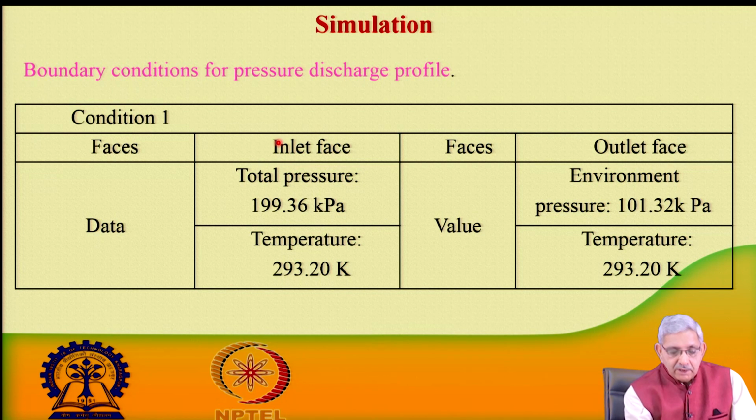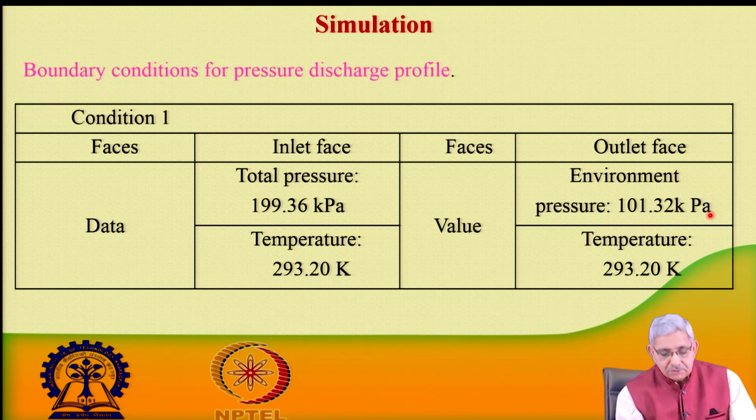At the inlet end of the dripper, that is the barb, the boundary condition is 199.36, and the outlet pressure is the atmospheric pressure, 101.32 kilopascal. Water enters the dripper, the outlet is fixed at 101.32, and the temperature is also fixed.